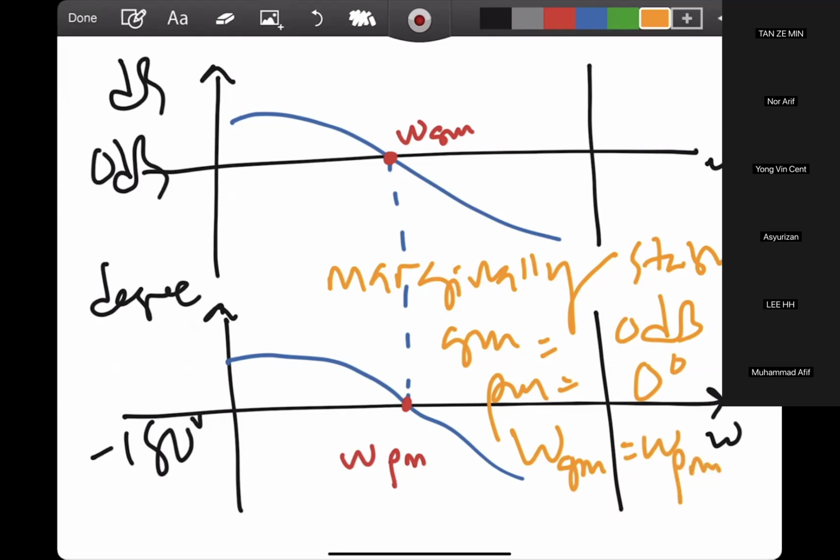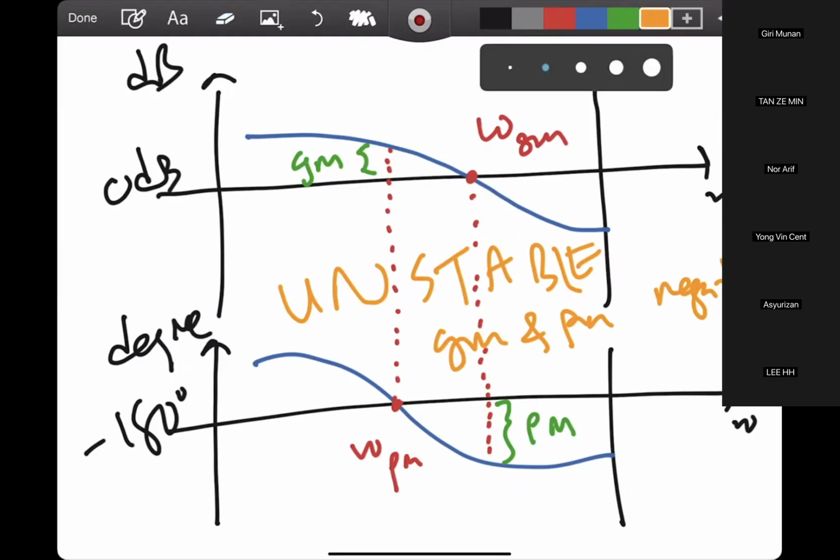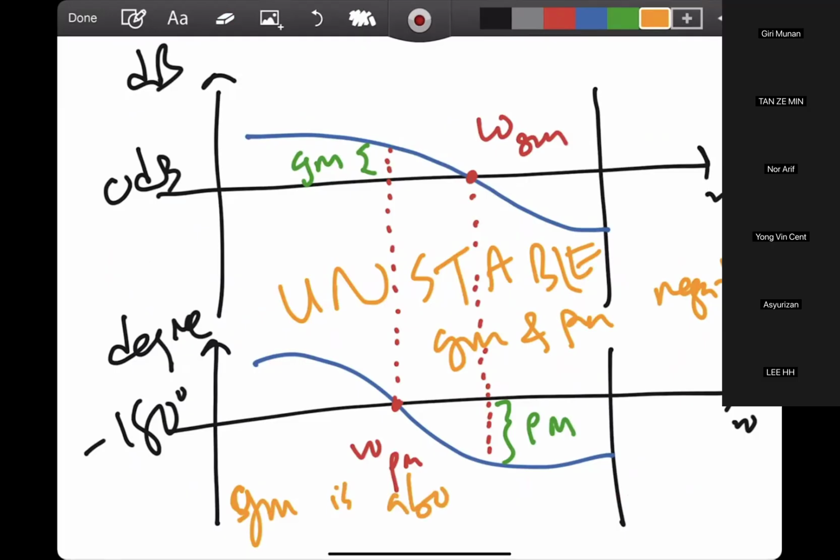Okay, so I hope you understand. If you look at the unstable one here, the gain margin is above the 0 dB line, and the phase margin is below the minus 180 degrees line.